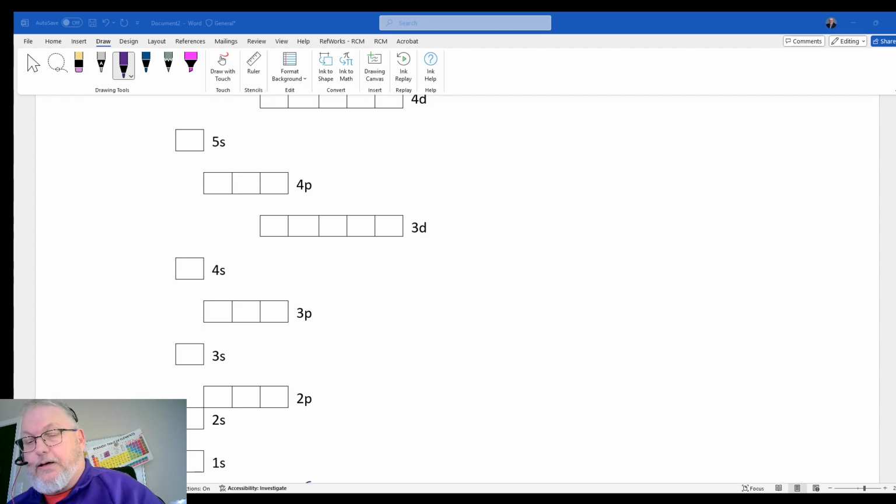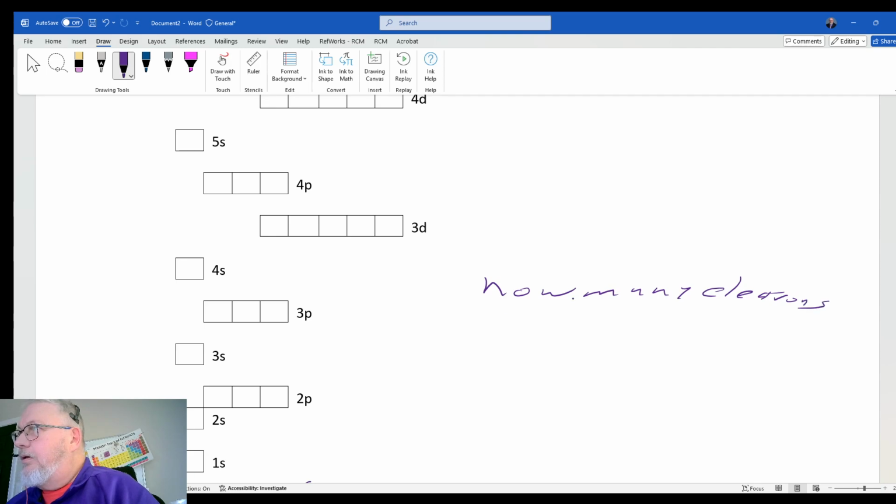I'm going to pick scandium, number 21. First of all, we have to figure out how many electrons. How to do that? I look at a periodic table and I'm looking for scandium, Sc, and I see that it has 21 electrons.